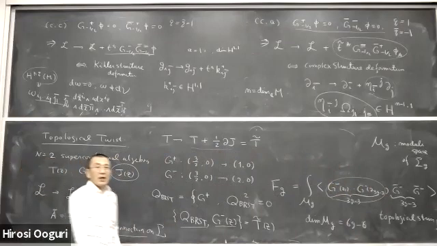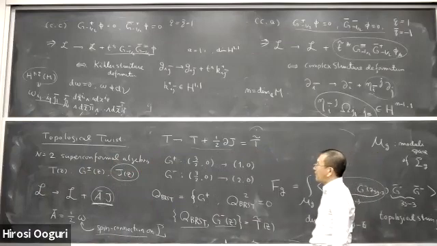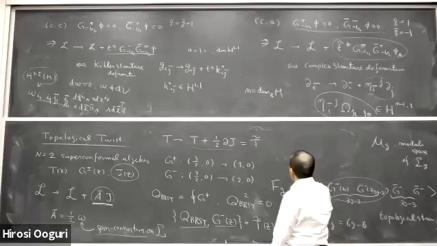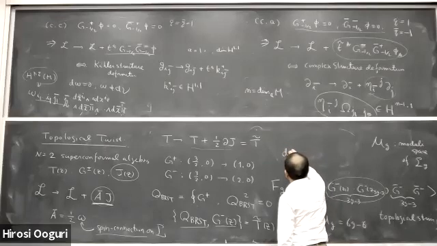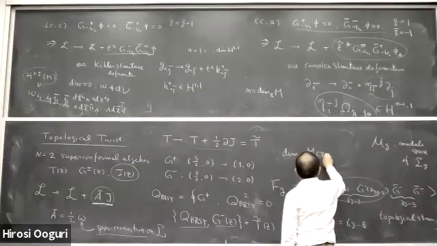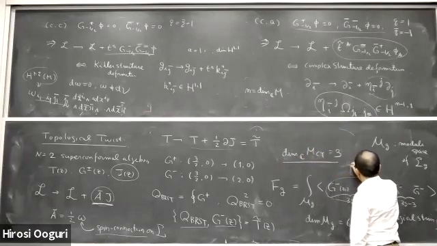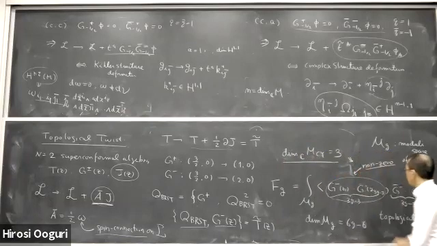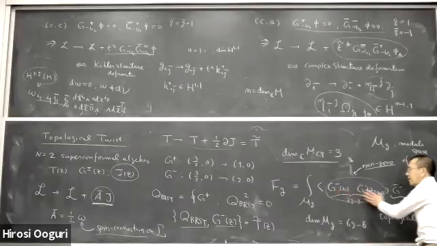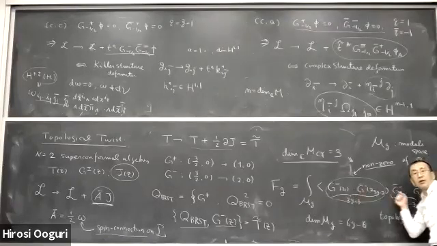But in order for this cancellation to work, the target space Calabi-Yau manifold has to be of particular dimension. It turns out that if the complex dimension of the Calabi-Yau manifold is 3, then this is non-zero. That is, you can insert exactly 3G minus 3 of this G minus current to get the non-zero amplitude.